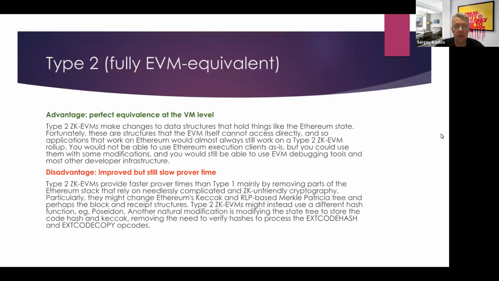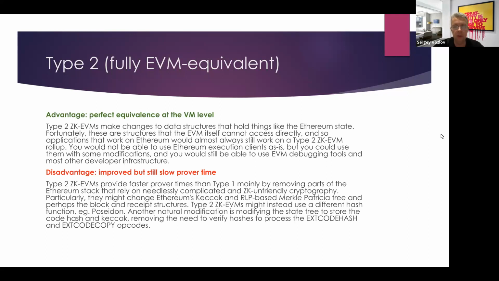Then going to the second: perfect equivalence at the virtual machine level. With this ZK-EVM, we can still use the same smart contracts. We should not be afraid that something will not work or go wrong. But still, we have a faster prover time than type 1. But we might remove some code. We might use different hash functions.